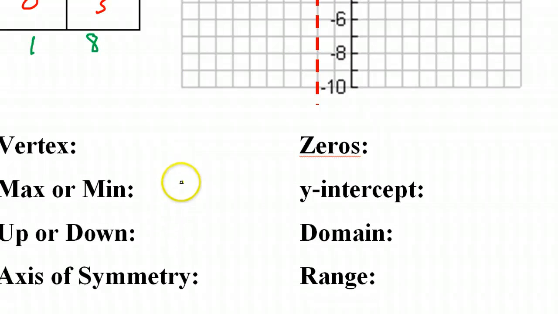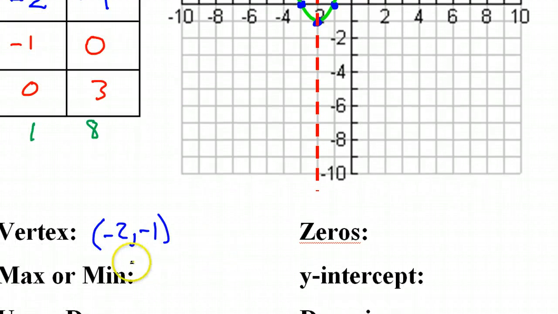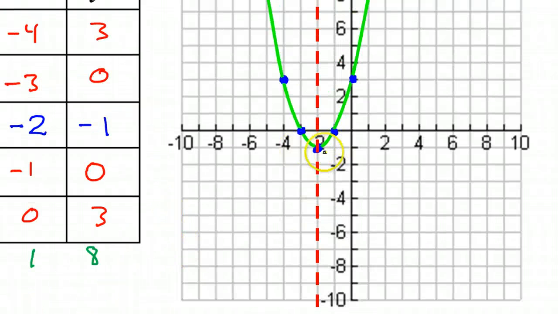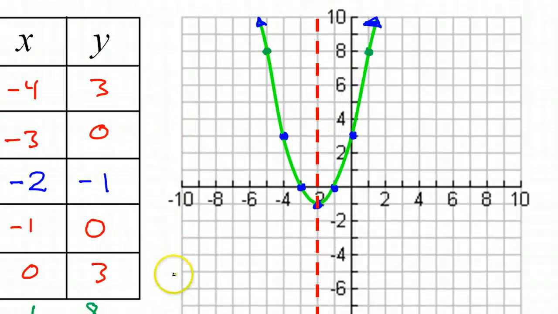Now we can answer these questions. The vertex, well, we've had that for a while. That's -2, -1. What about this vertex? Is it a maximum or a minimum? Well, you see it's at the bottom of the graph, so that makes it a minimum. Does the parabola face up or down? We discussed that.